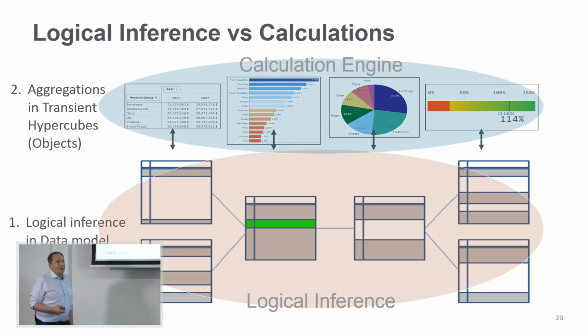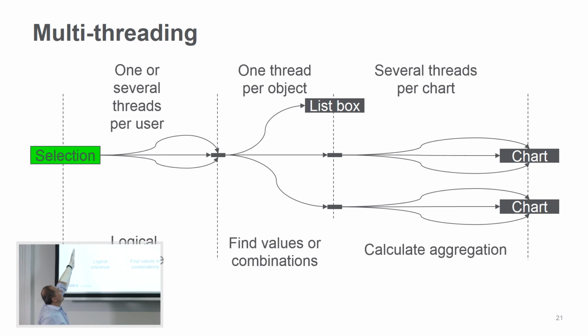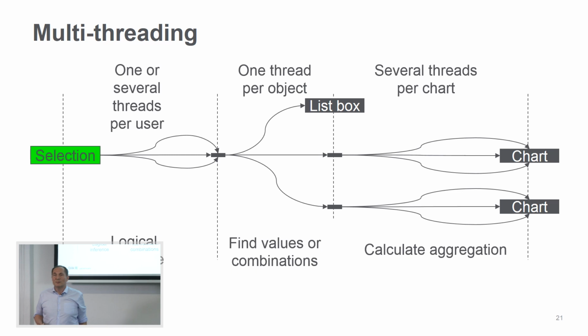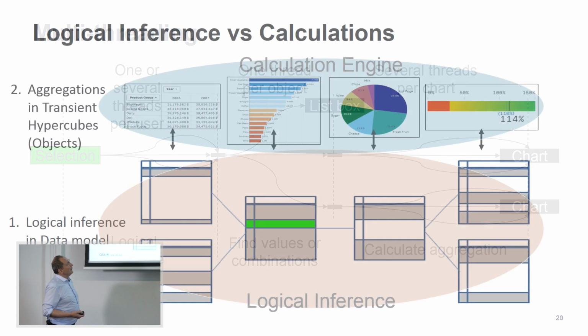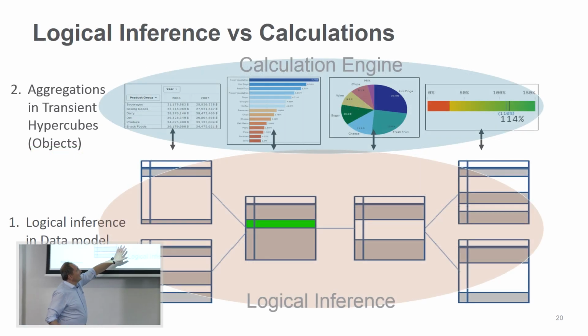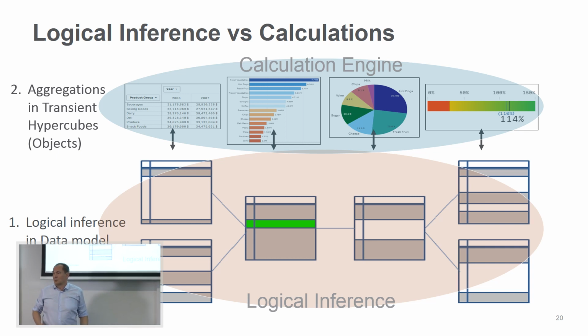If you look at multi-threading, then it looks like this. You click over here, and the evaluation in the logical inference is spread on different threads, on different cores in the hardware. And you can see here that the first table is probably single-threaded when that evaluates, but then it can propagate in 3 different threads to the other parts of the data model.